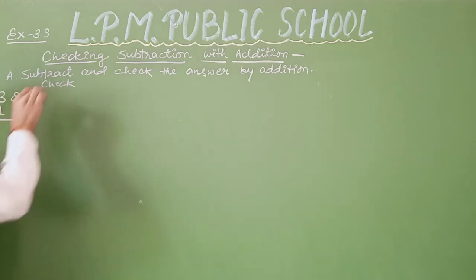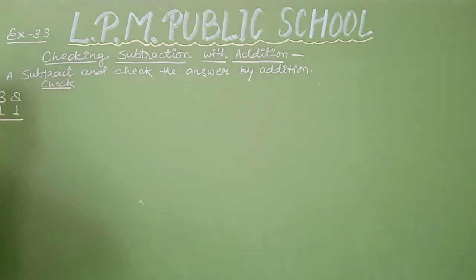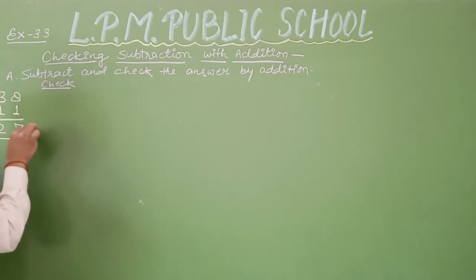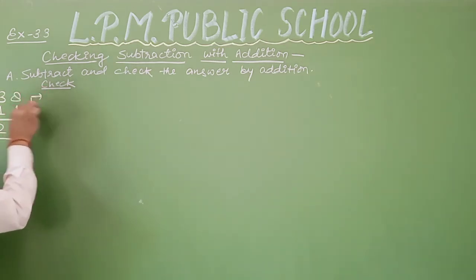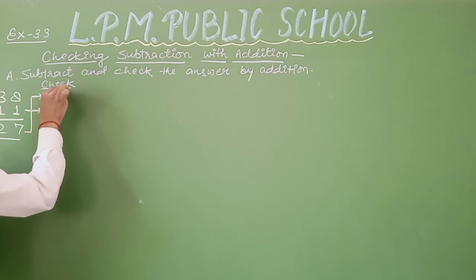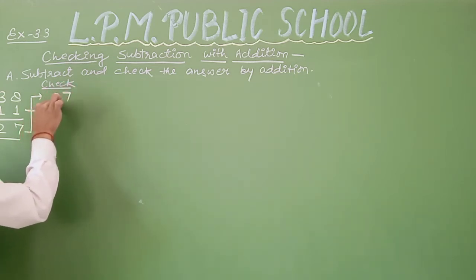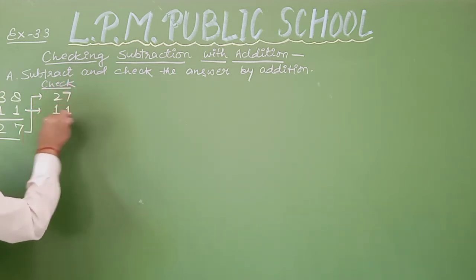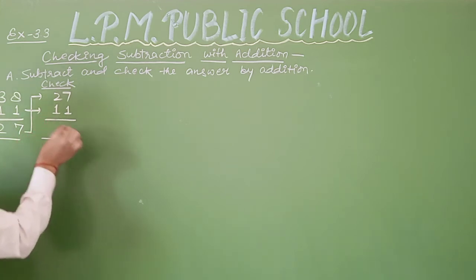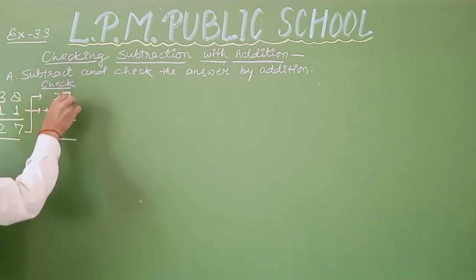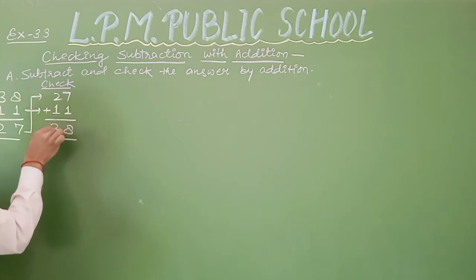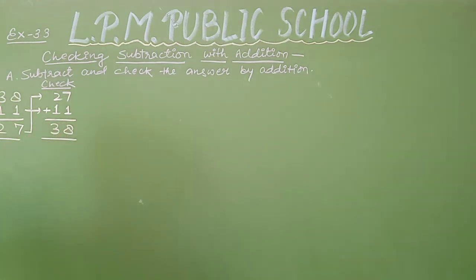Okay, we have to check it here. That is 38 minus 11: 8 minus 1 is 7, and 3 minus 1 is 2. When we add the difference, that is 27, and the smaller number, 11, it should become equal to the bigger number, that is 38.